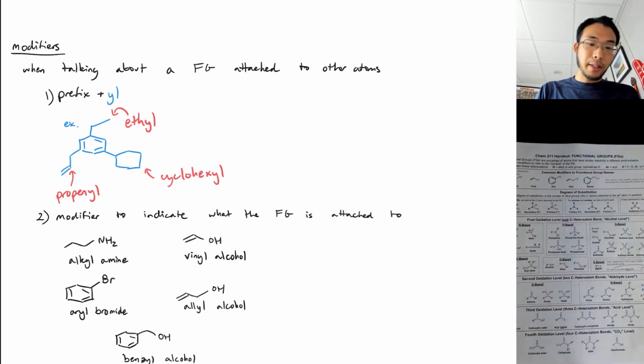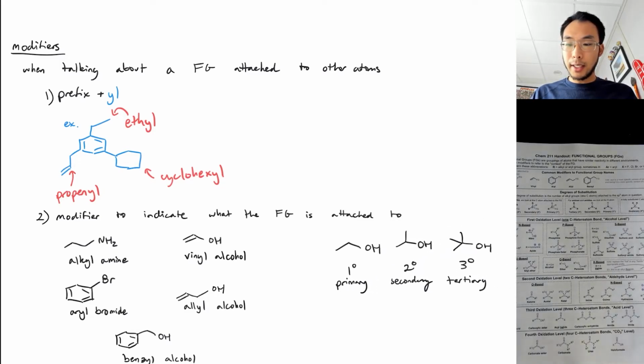When we're dealing with alkyl situations, there's a little bit more context that people like to provide, and that is this idea of primary, secondary, and tertiary. What that is referring to is how many other carbons this carbon atom is attached to. So for example, this alkyl alcohol has 1 other carbon attached to the carbon right here, so it's a primary alcohol.